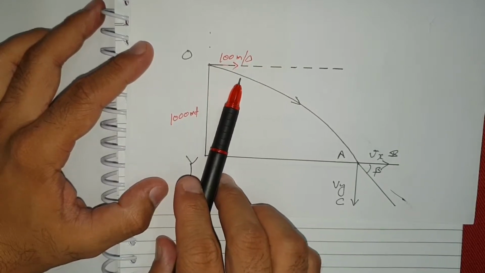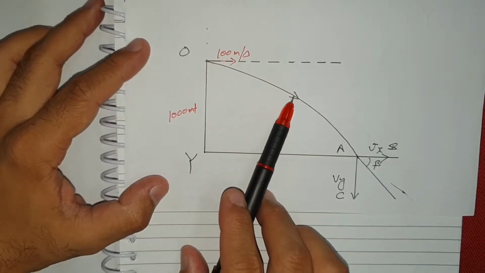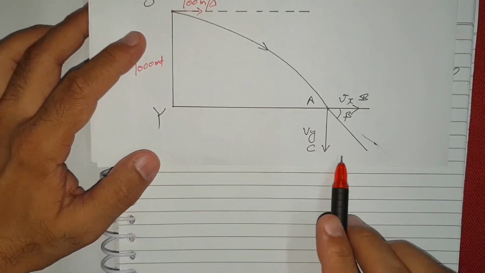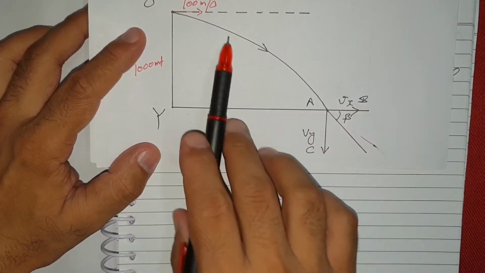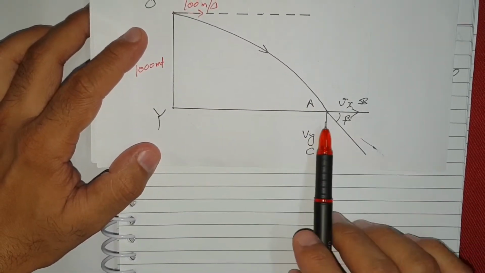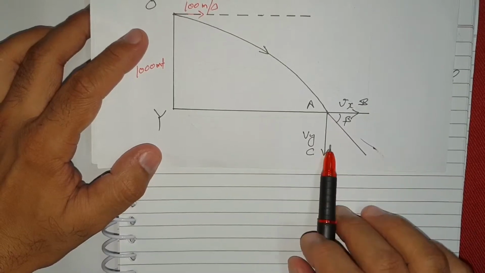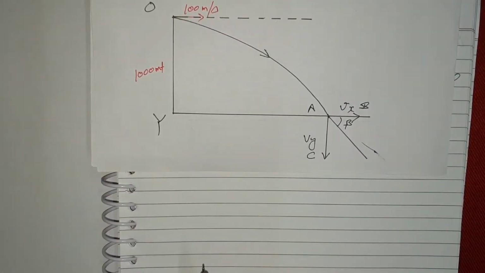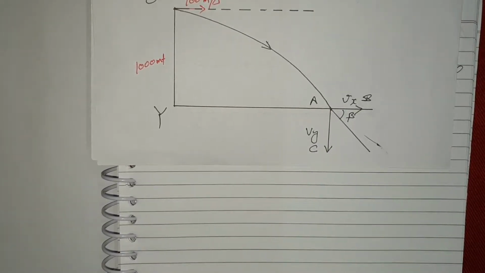The bomb will do projectile motion and reach here. So we have to find the velocity. At this point I have taken Vx and Vy, because this velocity will have two perpendicular, or rectangular, components, Vx and Vy. Okay. So let's start our question. Let the bomb be released from the aeroplane at O.